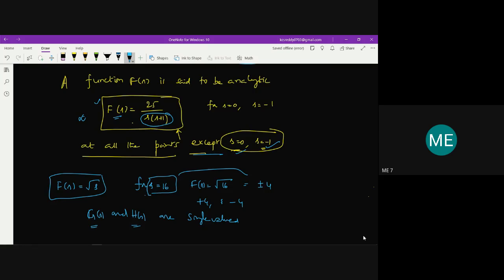Otherwise, it is not a single valued function. But in control system analysis, we assume that g of s and h of s are single valued functions.